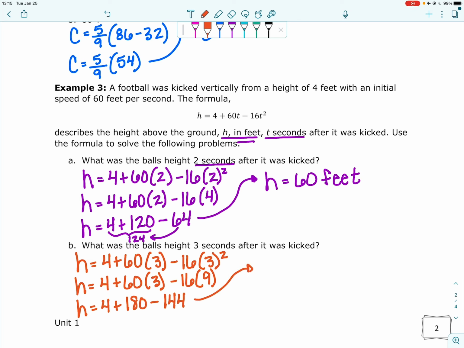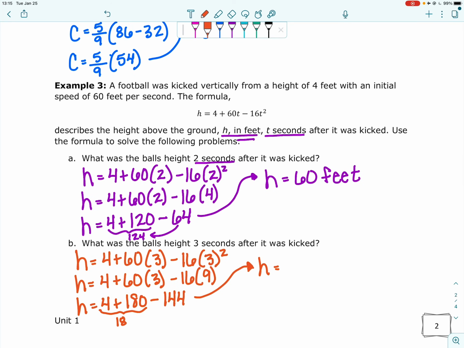So then getting to our final answer over here, 4 plus 180 is 184, and then I'm going to subtract off 144, so 40 feet.